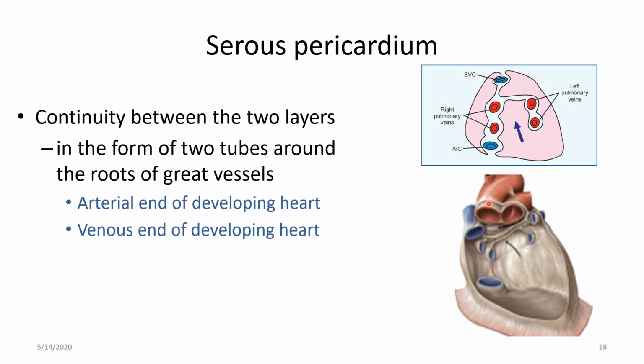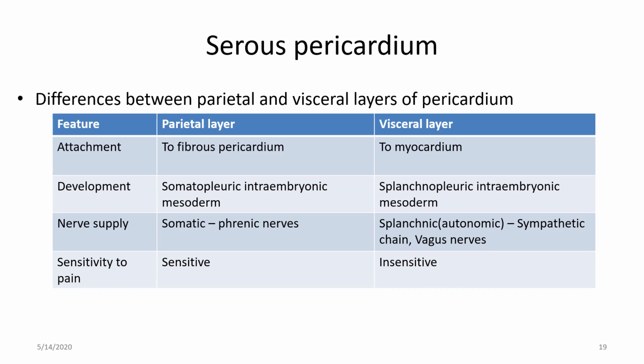You can see the continuity of the visceral layer with the parietal layer here. So, the two layers of serous pericardium are continuous with one another at the arterial end and venous end of the developing heart. Now, let us see the differences between the parietal and visceral layers of pericardium.